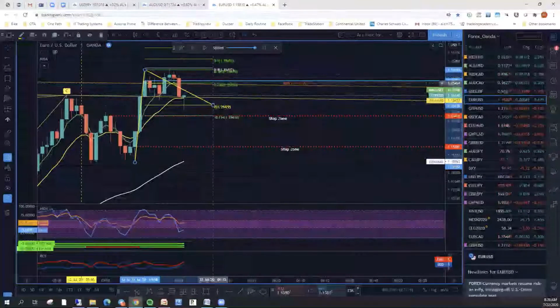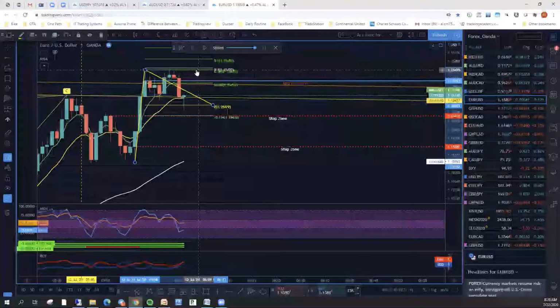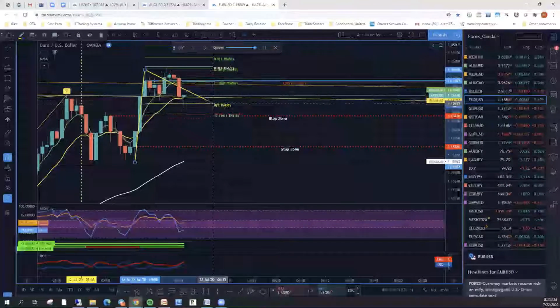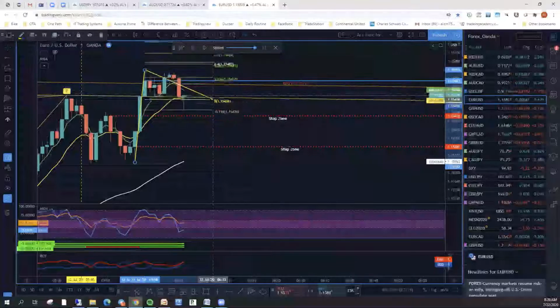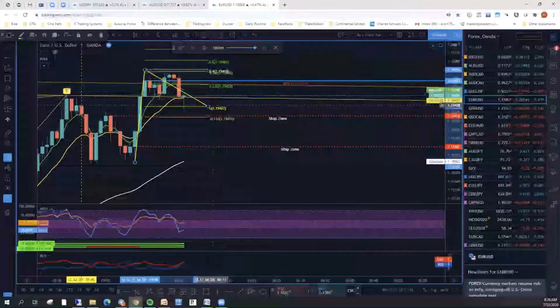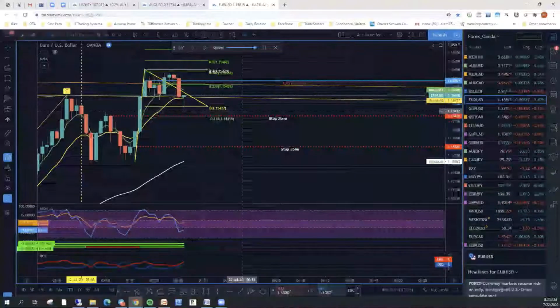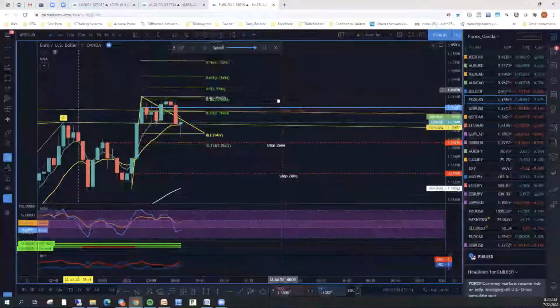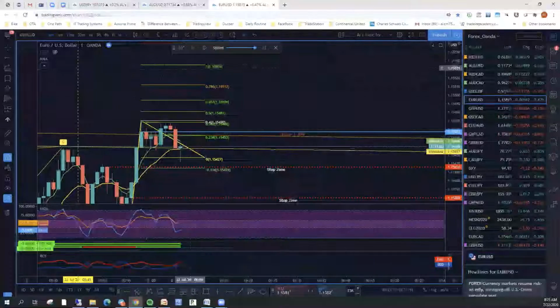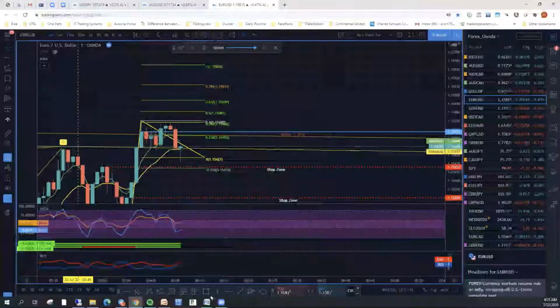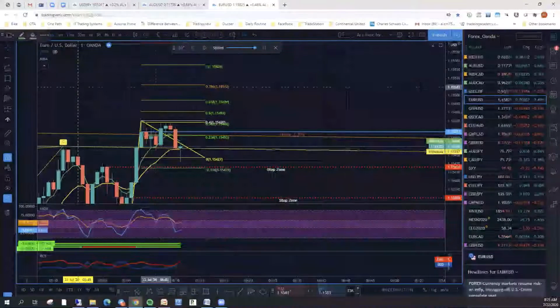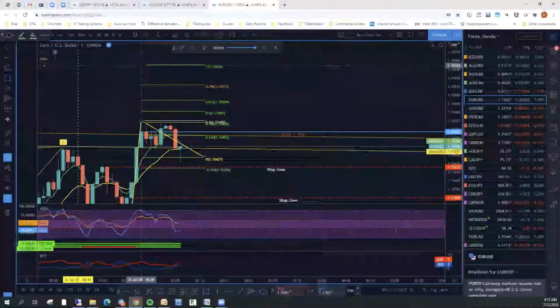The white one's at 40%, the other one's at the 38.6, the 38.2. So if you can get this thing to where it doesn't pull back any more than this zone right here, the odds of it going up higher to this area is pretty high. Now if it breaks that, then all bets are off.